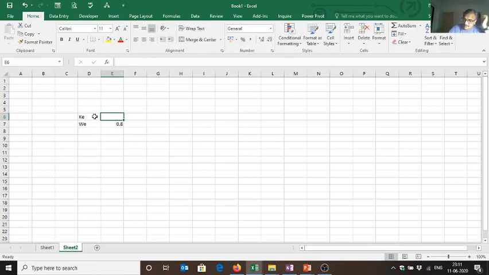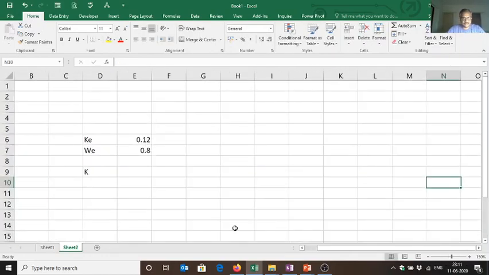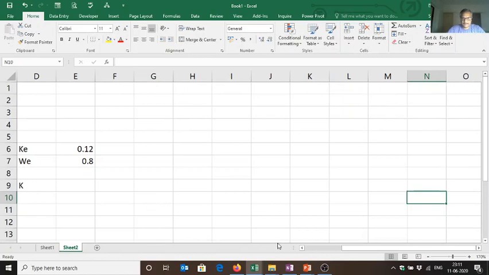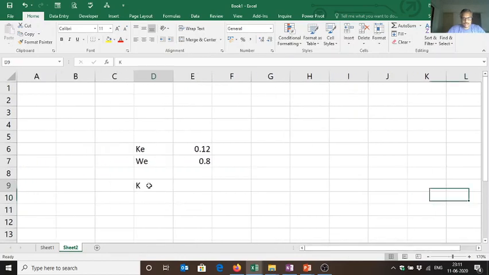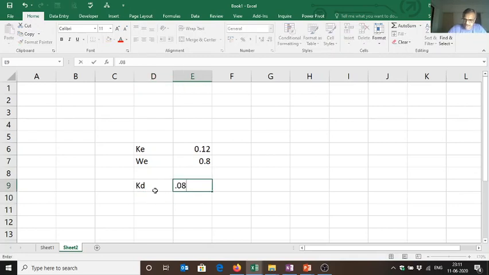And cost of equity, I have just said it's 12%, so 0.12. And similarly, I have got KD. Just let me increase the size so that you can easily read it. So here it is cost of debt. Cost of debt I'm defining as 8%, 0.08.